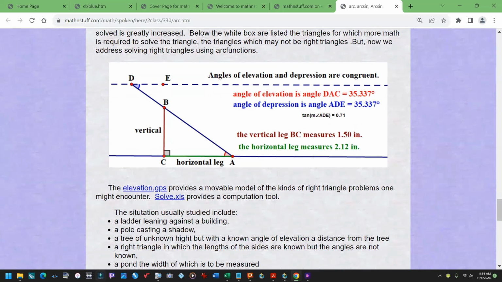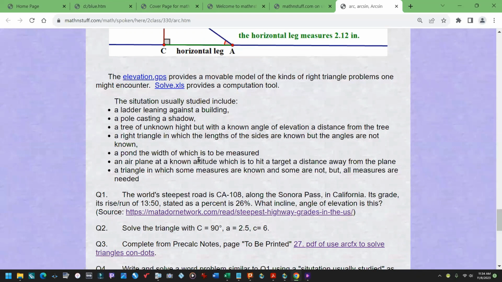Here's the building. A pole casting a shadow. Here's the pole. There's the shadow. You might want the length of the shadow. A tree of unknown height, but with a known angle of elevation. Here's the tree. Here's the angle of elevation, and there's the distance away from the tree.